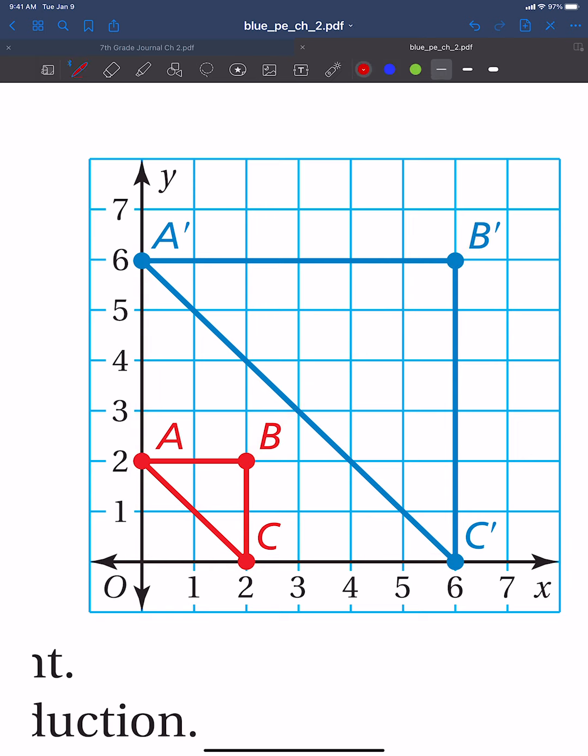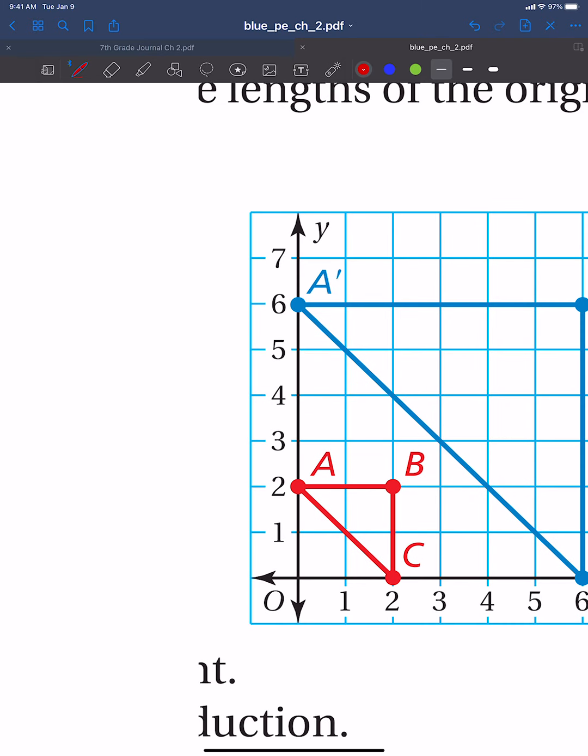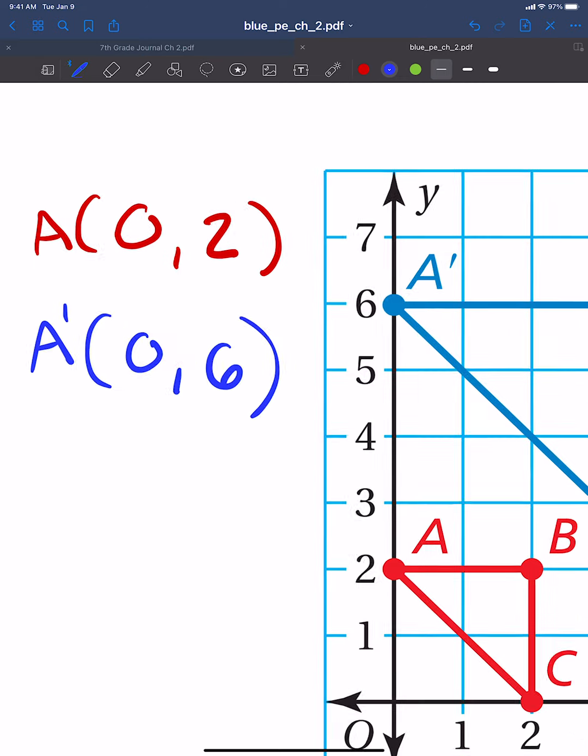Now if I said find the scale factor, what I'm asking is how much did it grow or shrink by? The first thing you want to do is pick a point. I'm going to pick A. A is (0, 2). Now I'm going to pick A prime's counterpart. So it'd be up there, it's (0, 6). Now here's what you got to do.